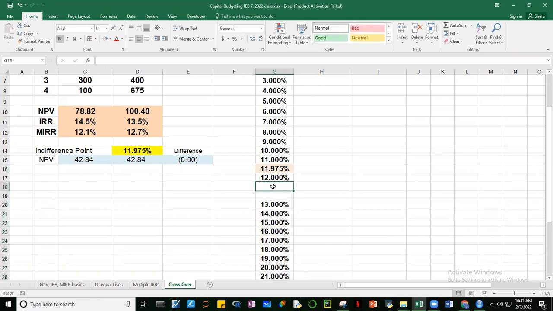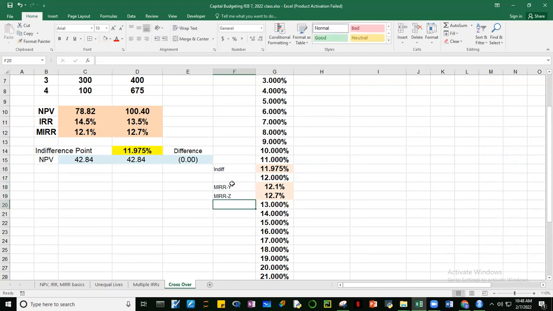Dalawa to is equal to 12.1%. Okay. Natin ng ano to para alam natin na 12.1. This is equal to 12.7%. Lalagyan ko lang to ng ano, this is MIRR ni Y, MIRR ni Z. Ito yung indifference na point.